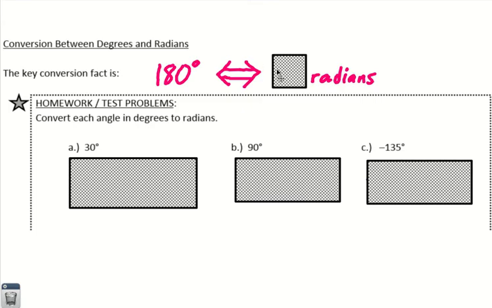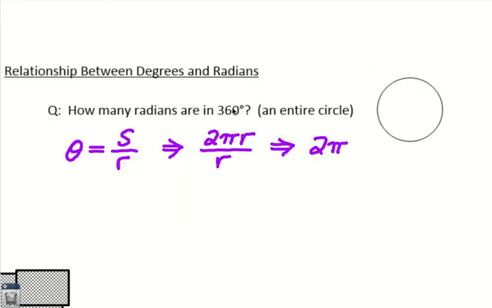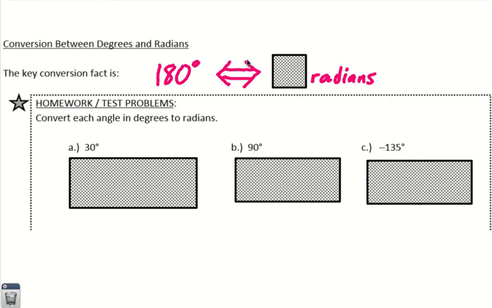Anyway, let's cut to the chase a little bit. This is a major big point. It's one of the big ideas of this first section. So think about it for a second. If 360 degrees is equivalent to 2 pi radians, how many radians would be 180 degrees? Think about it. How many radians?